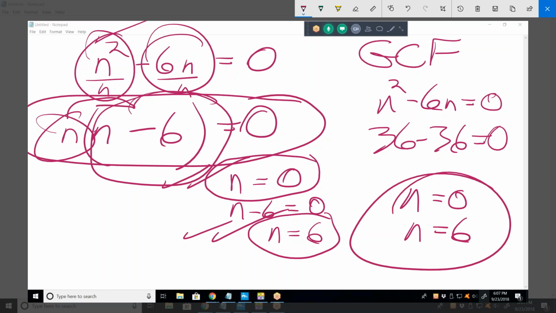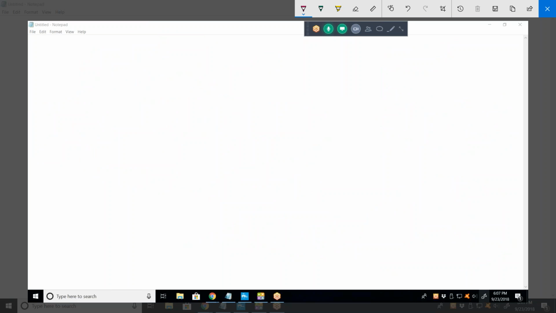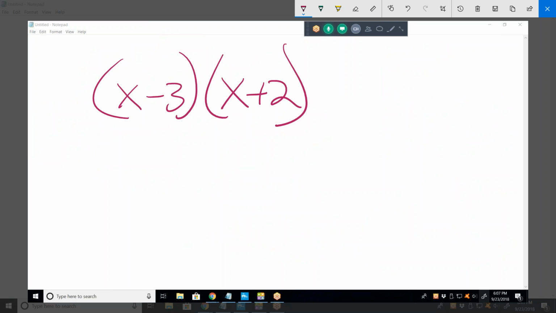That's it. Okay? Just like if we didn't really do this before, but let me just bring it up so we don't lose sight of it. If I have x minus 3 times x plus 2 equals 0, what are my solutions to this equation? Do it step by step.